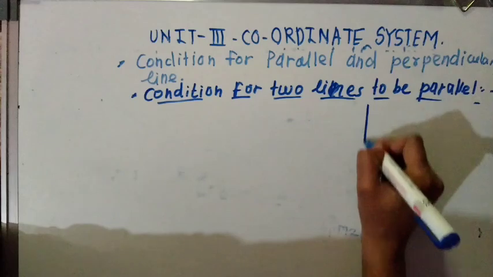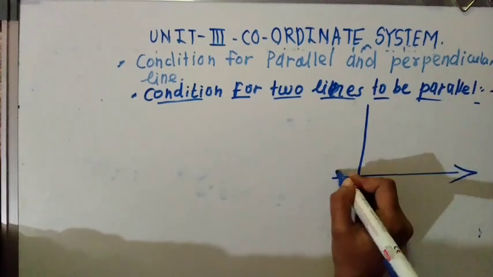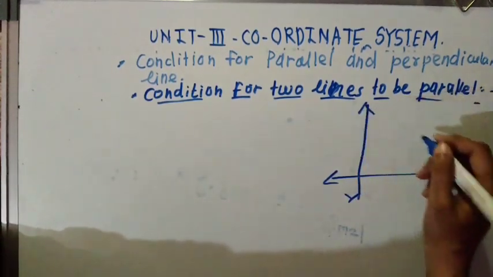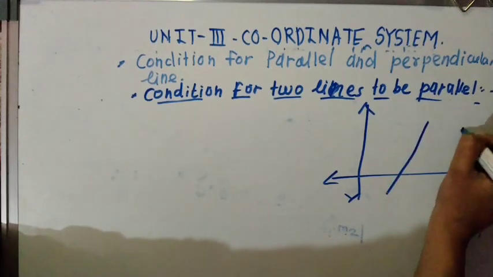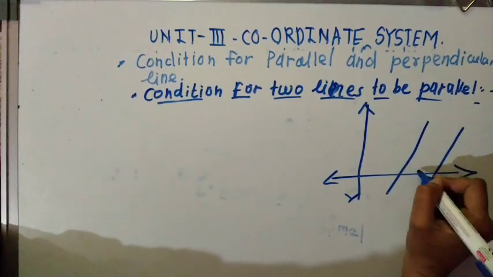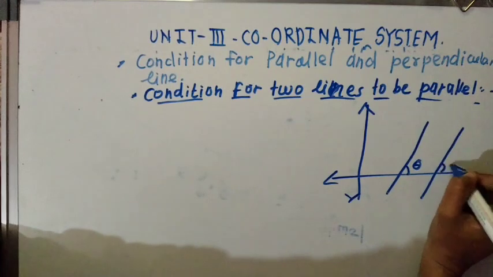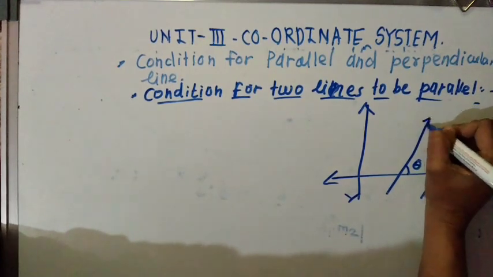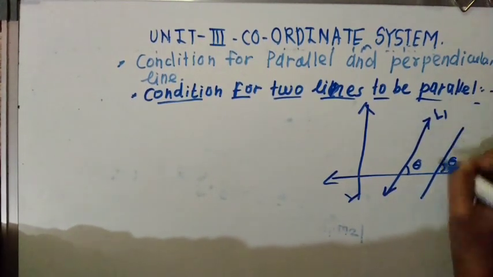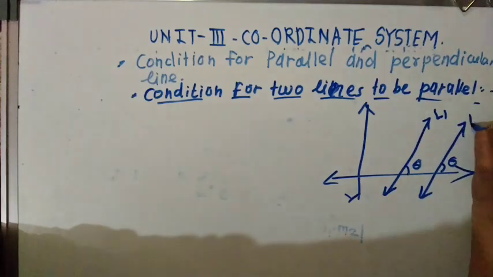So first, what are parallel lines? We draw this diagram. These are called parallel lines. This line is L1 and this line is considered as L2.